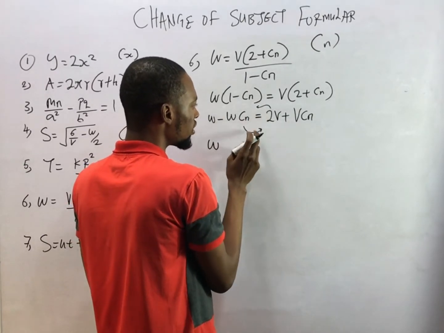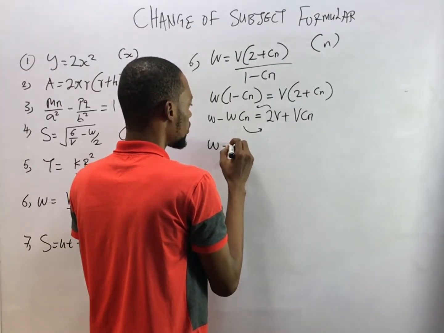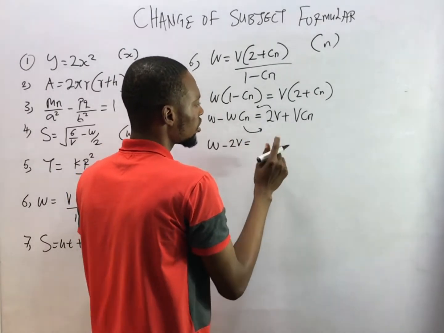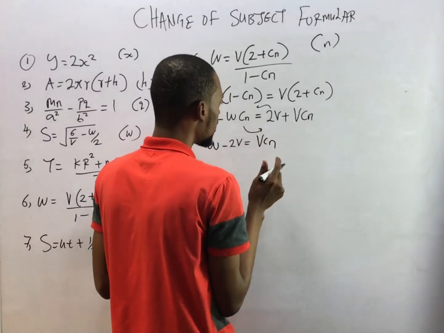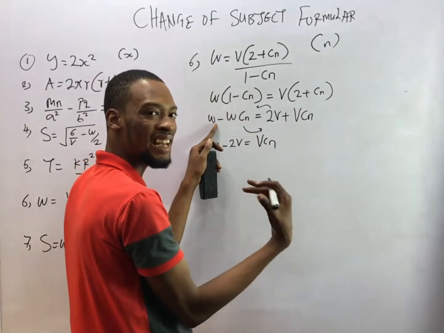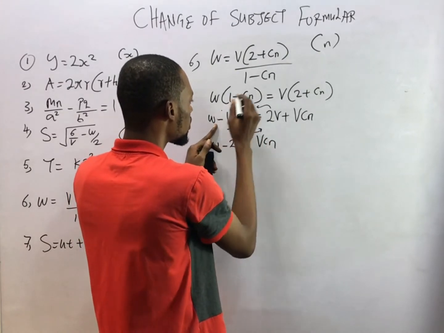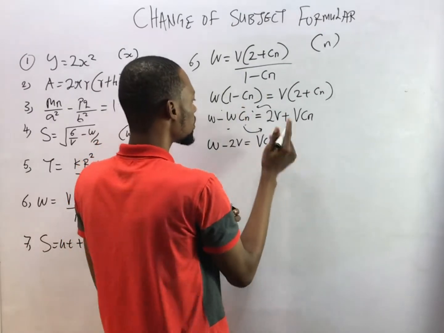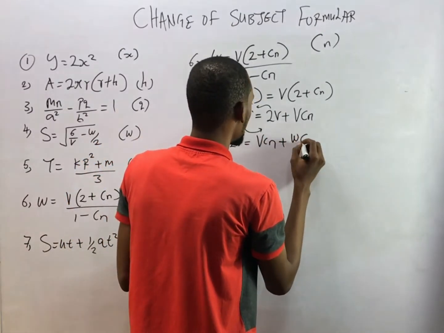It's already plus here. Since it's crossing, it becomes negative. So this will give you minus 2V equals, this is VCN, it's already here, VCN. And we are bringing this minus WCN to meet it because they are like terms. So if this goes here, from negative, it becomes positive. So it becomes plus WCN.